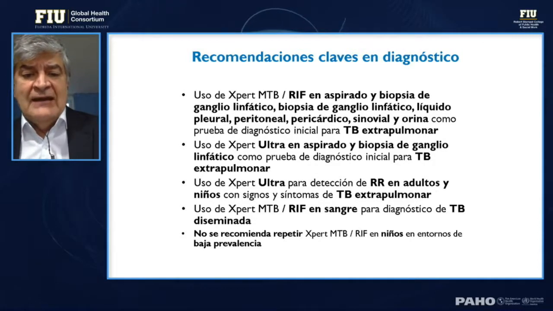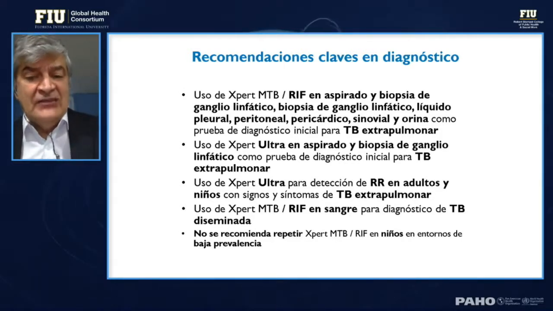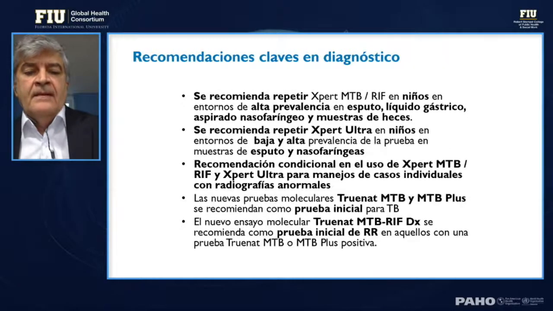The other important element is that when there is a disseminated case of TB, it is possible to use the Xpert for the diagnosis in blood for this type of TB. It is not recommended to repeat the Xpert in children in areas of low prevalence.